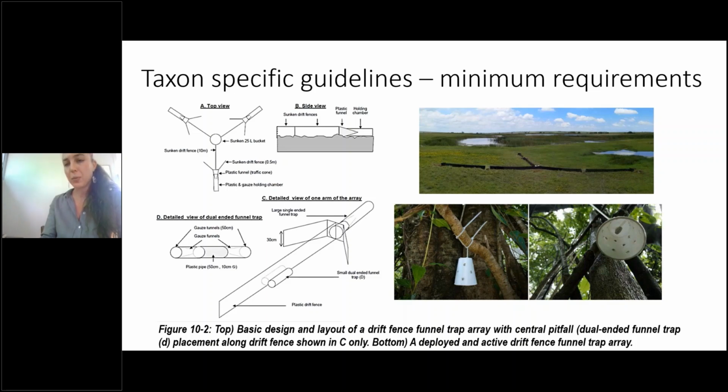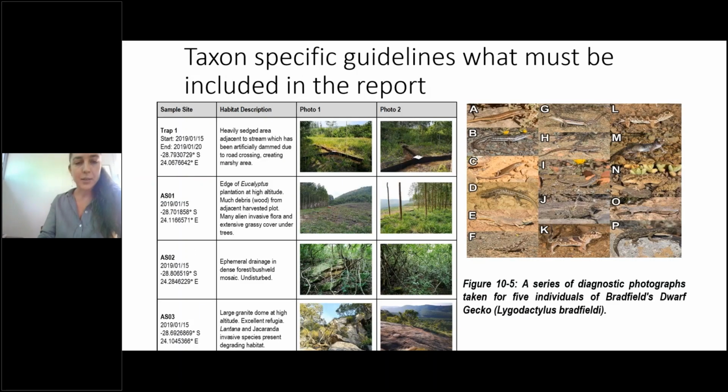In many cases, we're aware that these studies are costly, and that it's not always possible to do the best practice, but that's why we've been very clear what's minimum and what's best practice. And then we specified how information must be included in the report. So details explaining the different habitats present, and then also information showing which species have been found and evidence of that.